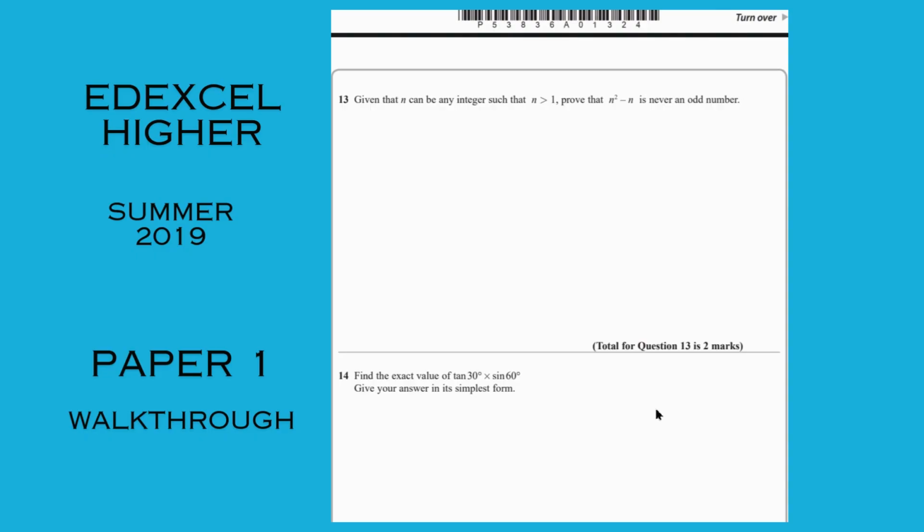Number 13, though, reasonably standard. You got loads of ways of going about this. You could go through even right from the beginning. Me personally, I would take this, take an n out, and make the argument that these two numbers are consecutive. One must be odd, and one must be even.